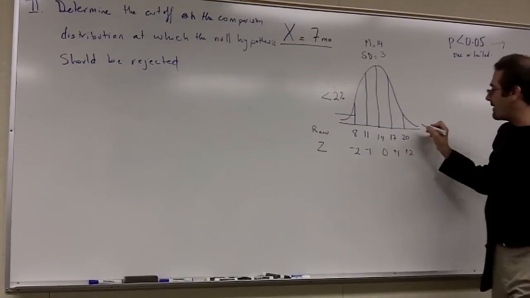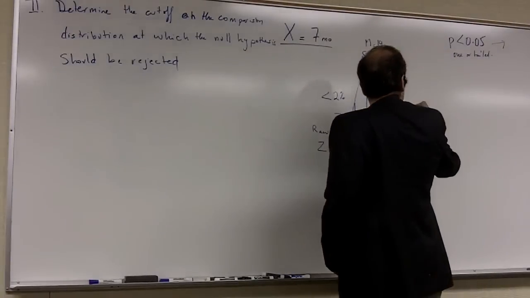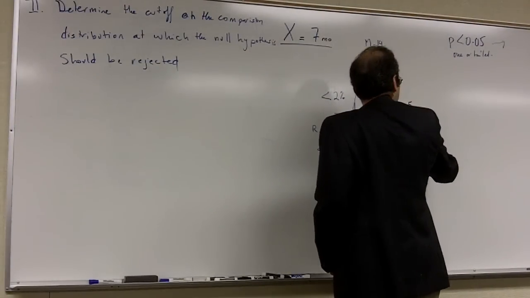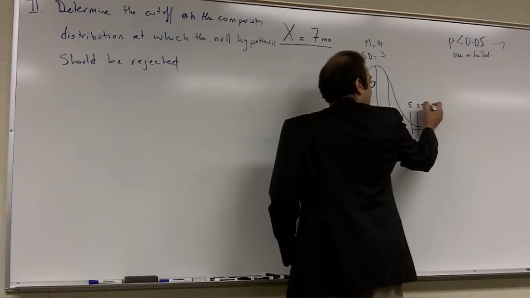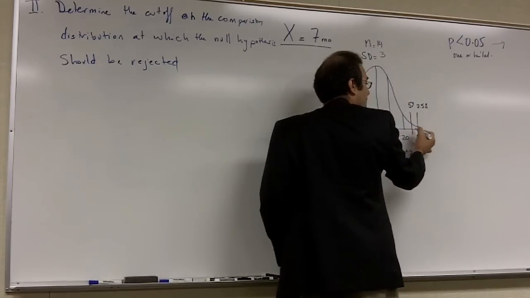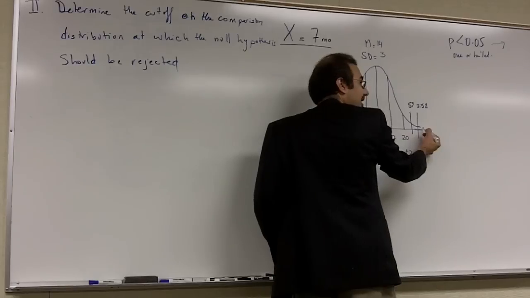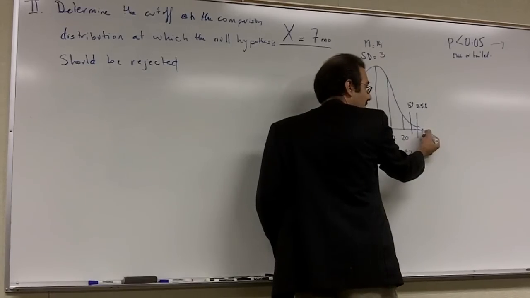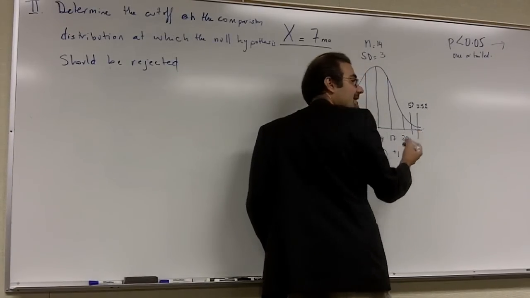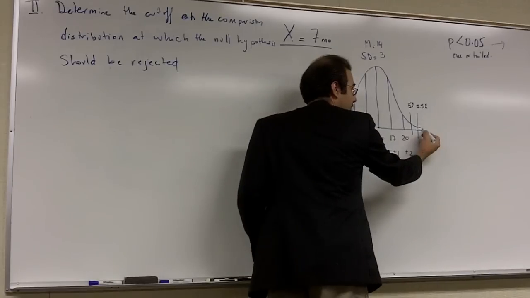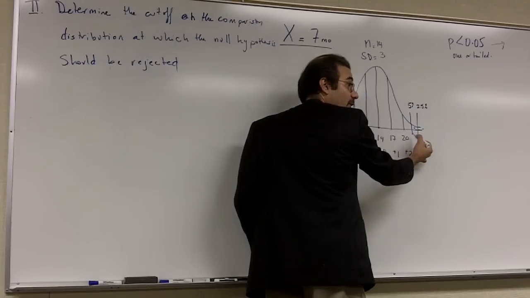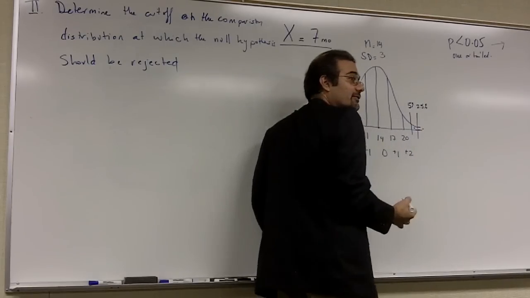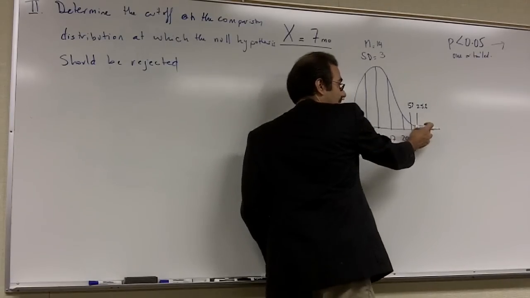So if you have 0.05 here, i.e. 5%, 0.025 is here, that's 2.5%, and therefore you need a more extreme score to reject the null as opposed to a less extreme score. See, here's where you would reject. If something fell here, you can reject it at the 0.05 level, but you cannot reject it at the 0.025 level, right? Because it's here, not beyond this. It's just beyond this.